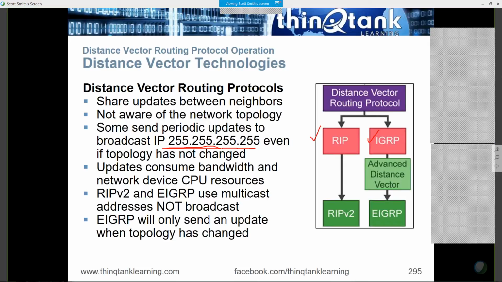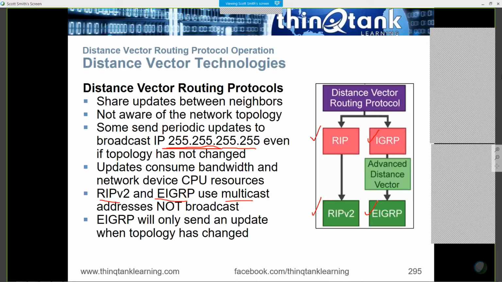But yet, the two pink boxes there, those protocols used to exchange routing information with broadcasts. All right, so that's very inefficient. At least with RIP version 2 and EIGRP, we use multicast instead of broadcast. So that's one of the changes that we saw with these two protocols. They stopped using broadcasts and they started using multicast.